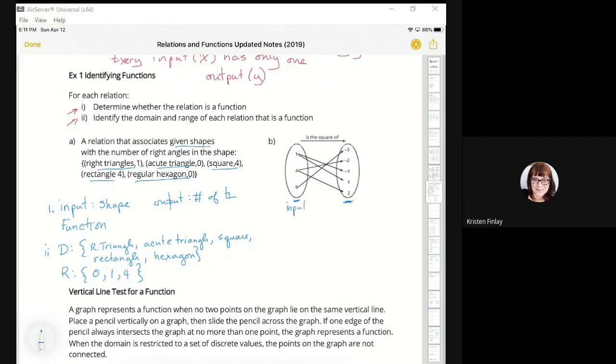Now remember, this is our input, and this is our output. -3 squared gives me 9. -2 squared gives me 4, but +2 also gives me 4. So if we look at that, we know that this is not a function because inputs 1 and 4 each have 2 outputs.